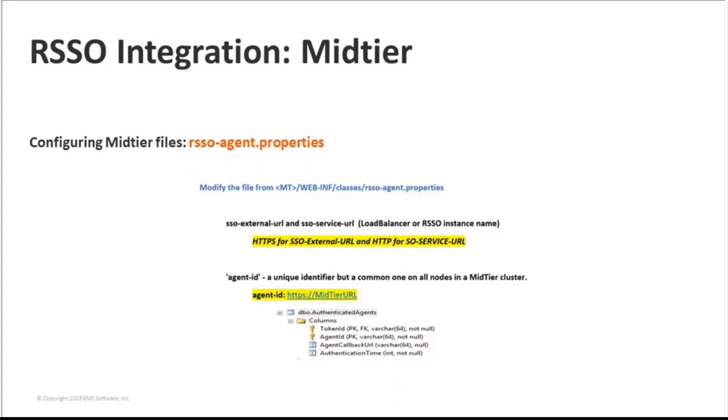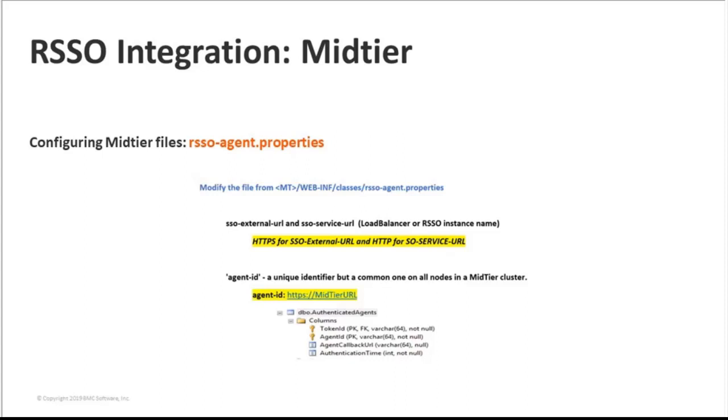Coming to agent ID, which is also a part of the RSSO agent properties, it's a very important parameter. Agent ID is the name of the agent for an application, let's say Midtier. So you give a name to the Midtier agent called agent ID, Midtier, and likewise for MyIT, Smart IT, service broker.